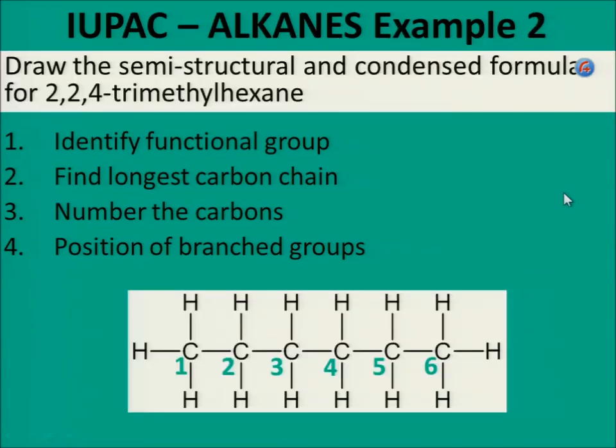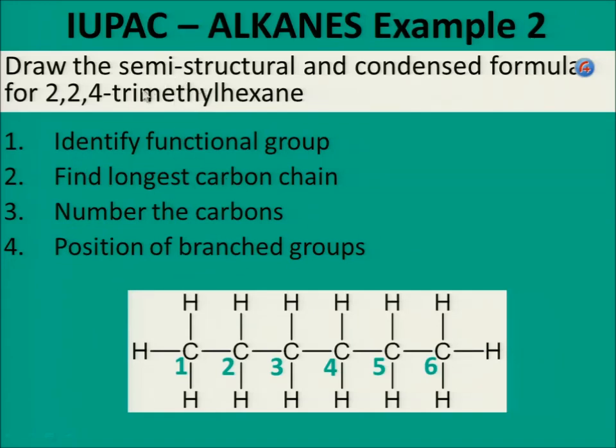Example 2. Draw the semi-structural and condensed formula for 2,2,4-trimethylhexane. So identify the functional group. This is a hexane, so you need 6 carbons with only single bonds. Find the longest carbon chain, number the carbons, and now the positions of the branched groups.